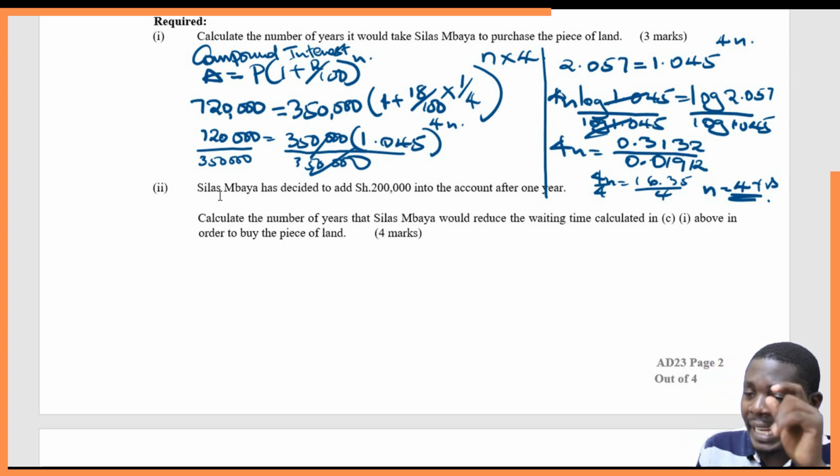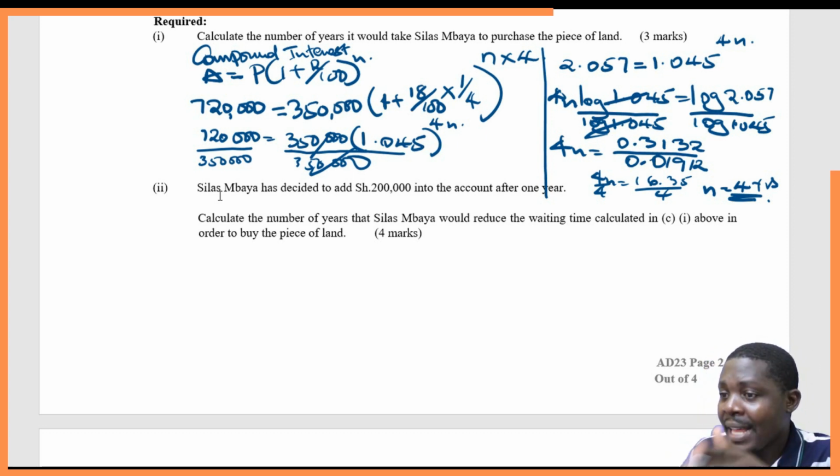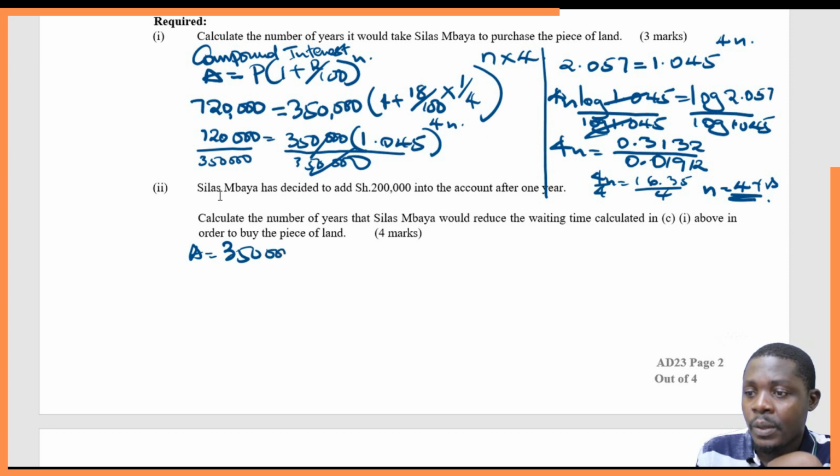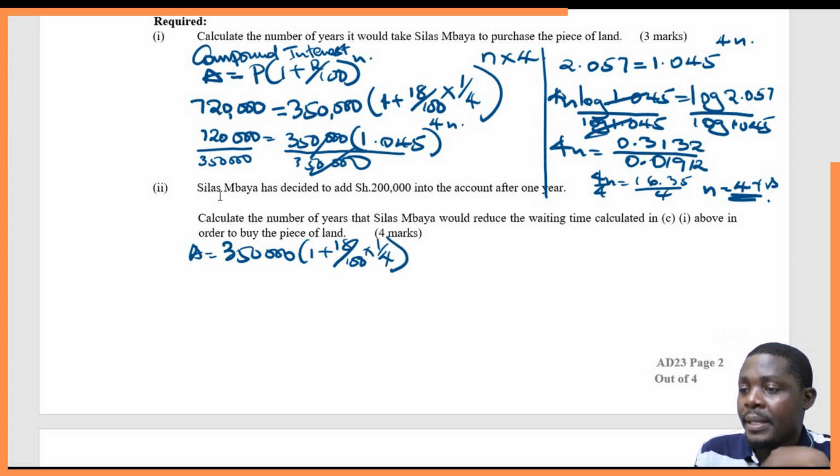Now let's calculate the amount at the end of first year. The amount is just going to be 350,000 into 1 plus 18 over 100. I'm hoping that the same terms apply, that is, we multiply by 4.